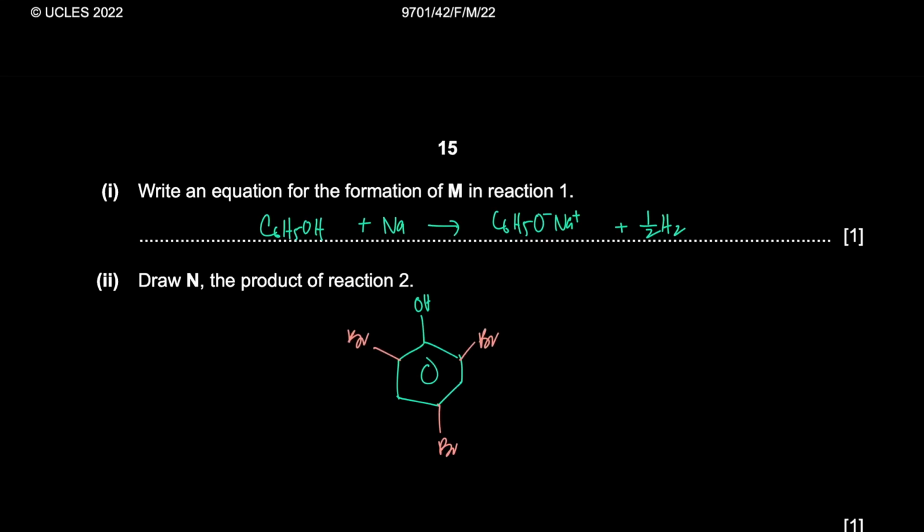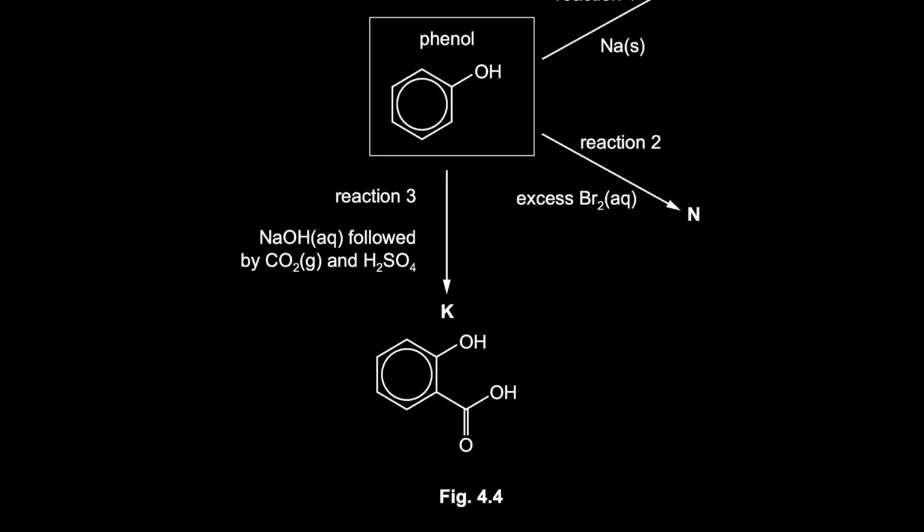Explain why phenol is a weaker acid than K. Essentially, the question is asking why phenols are weaker acids than carboxylic acids.